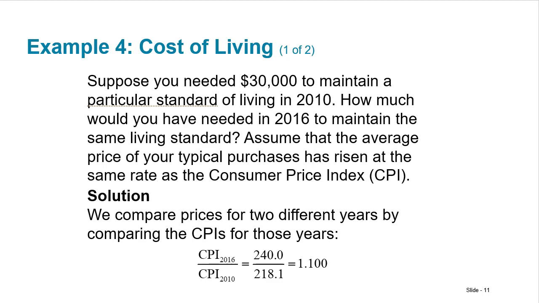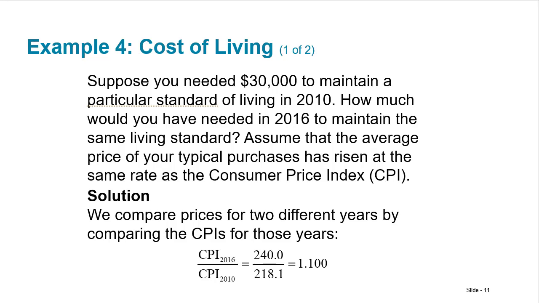Suppose you needed 30 grand to maintain a particular standard of living in 2010. How much would you have needed in 2016 to maintain that same standard of living, i.e. be able to afford all the same stuff that you could afford in 2010? Well, you would have to look at the CPIs, right? The consumer price indexes. So the consumer price index in 2010 was 218.1, and in 2016 it was 240.